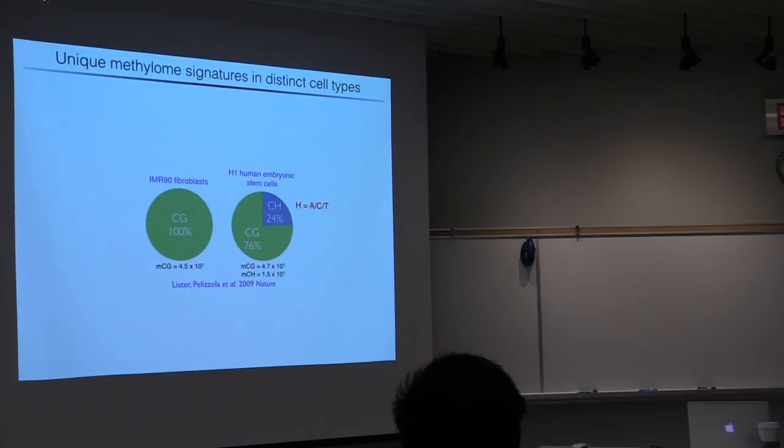So because the religion said you have no C's in a non-CG context, we just look at no C's in a non-CG context on the gene. So a lot of the experiments looked like they failed, and in fact that's because this mark existed.